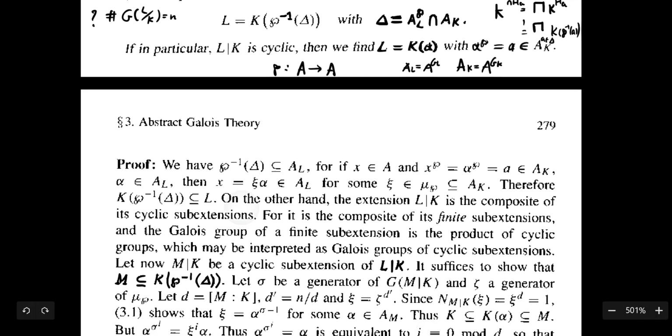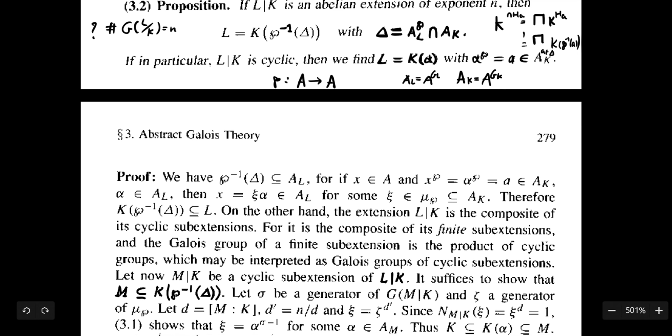We have the inverse image of delta. It's containing AL.